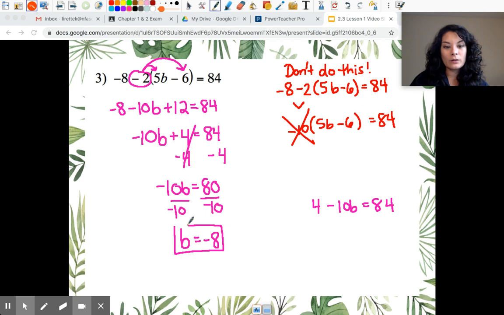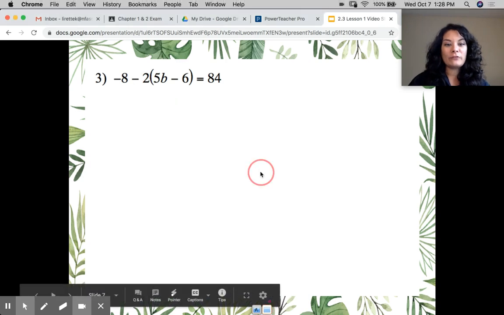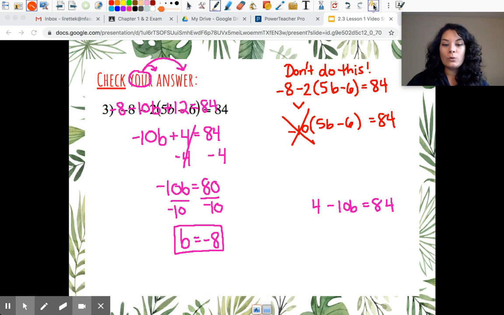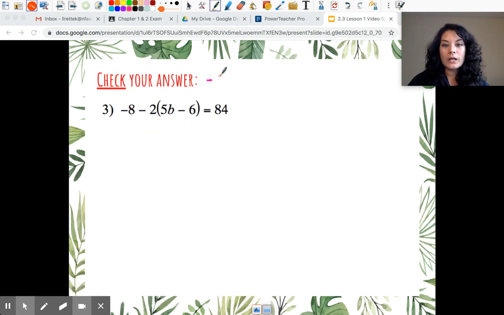I just realized that all of these equations have the variable b. That was not intentional. Let's do a check for that answer. So in your notes, you'll want to rewrite the equation, and we just got negative 8 as our answer. So just like last time, I'm going to substitute everywhere I see that variable and replace it with negative 8.